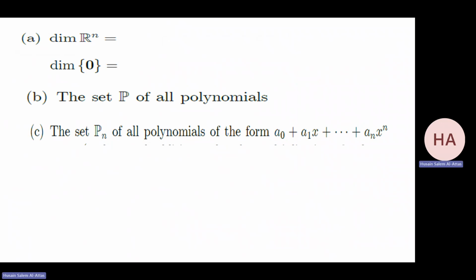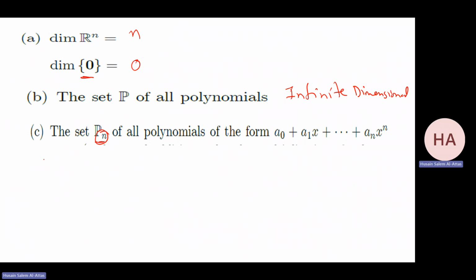Now, just the dimension of Rn, to review what we did. Dimension of Rn is n. This is something default. Dimension of the zero space, they call it 0 because there is no basis. Set of all polynomials is infinite dimension, because it's not for a fixed n.